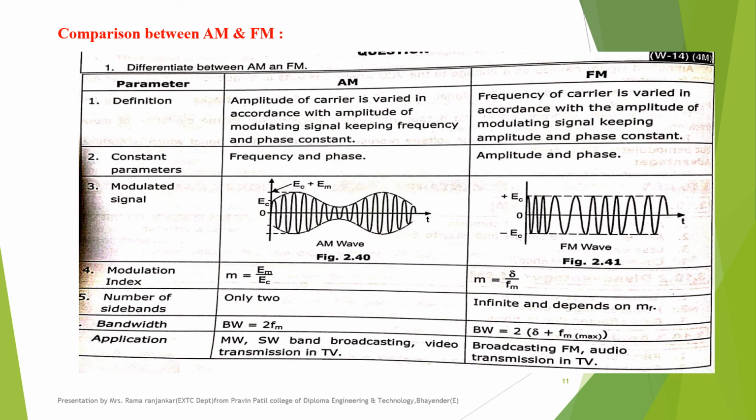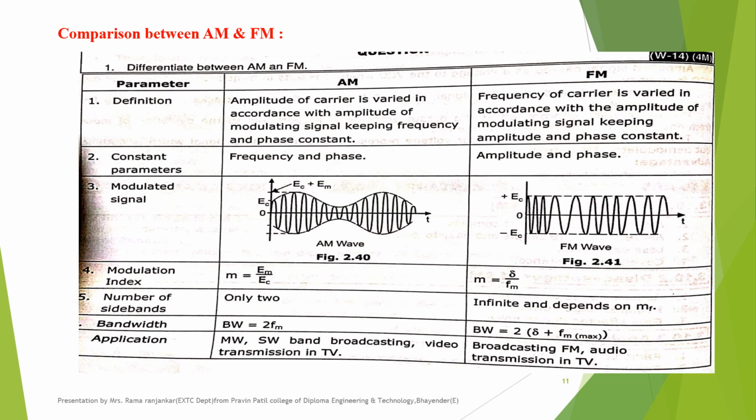In AM, modulation index M is equal to Em by Ec, while in case of FM, M is equal to delta by fm. In amplitude modulation, the number of sidebands is 2, while in case of FM there are an infinite number of sidebands, and it depends on the modulating frequency fm.